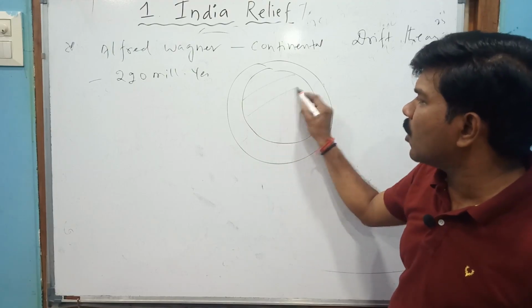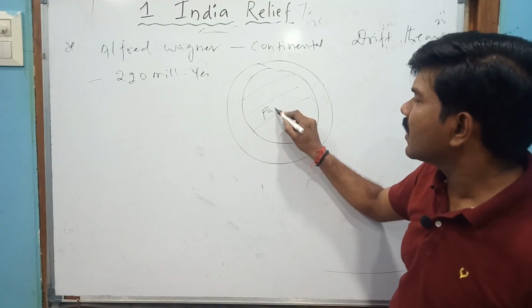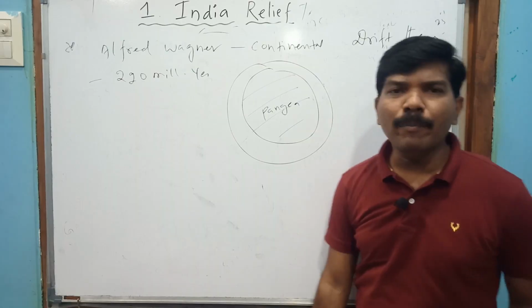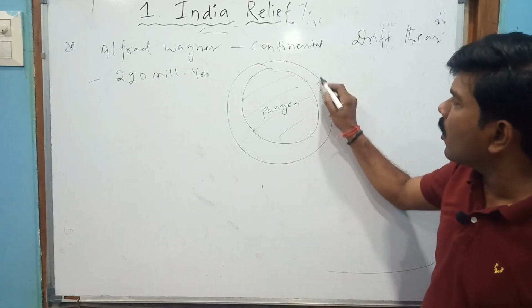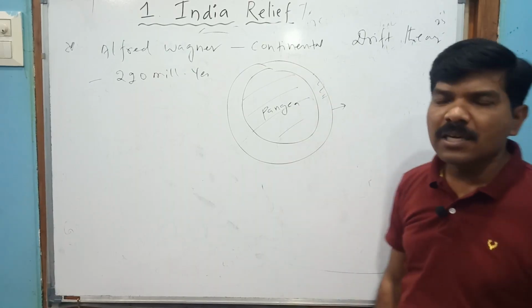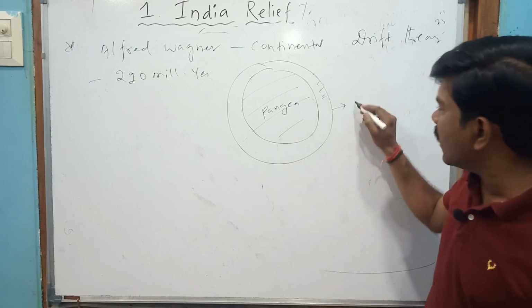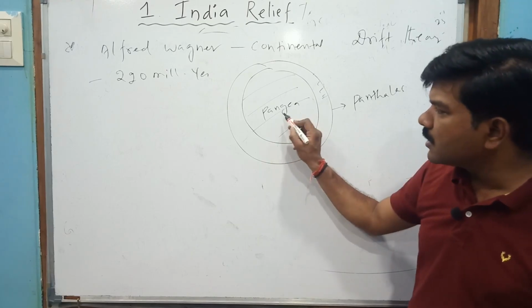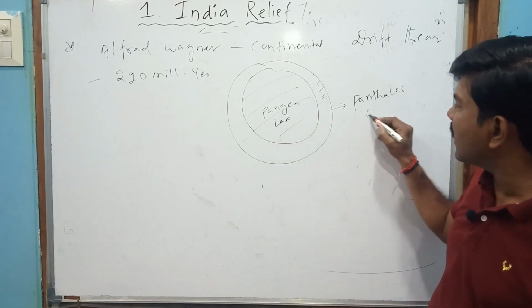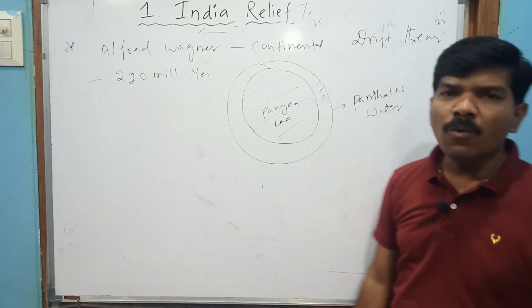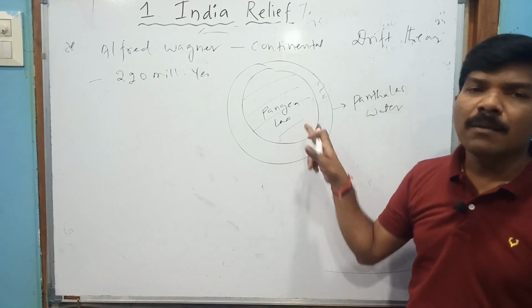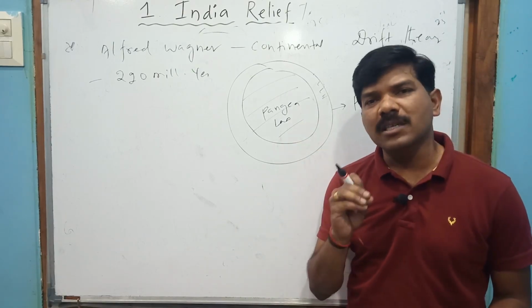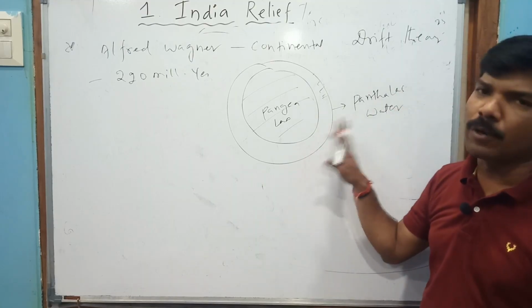This landmass was called Pangaea. The outer body of water, the great ocean, was called Panthalassa. Pangaea was a supercontinent, and Panthalassa a super ocean.